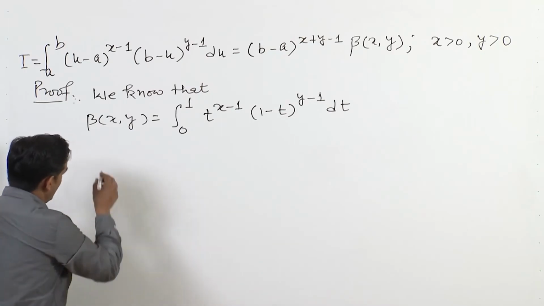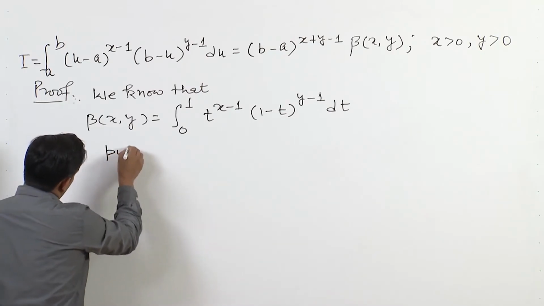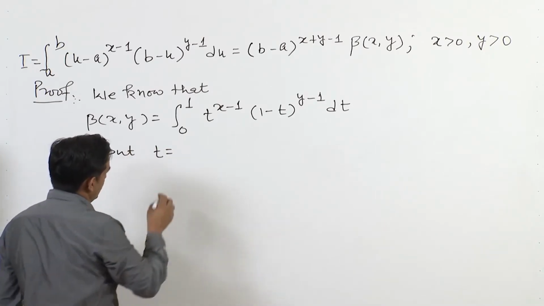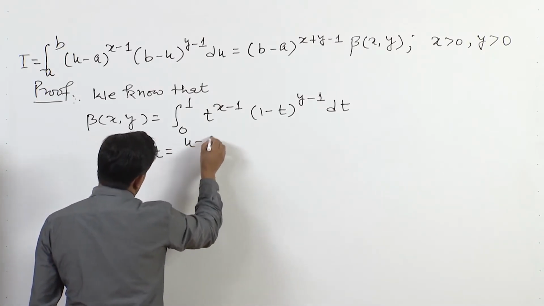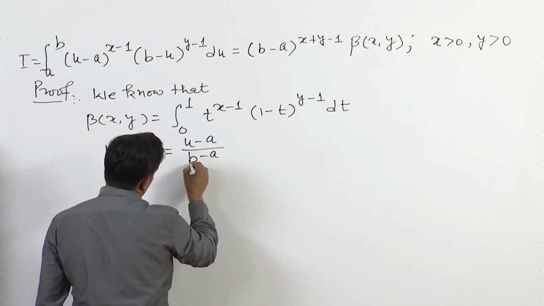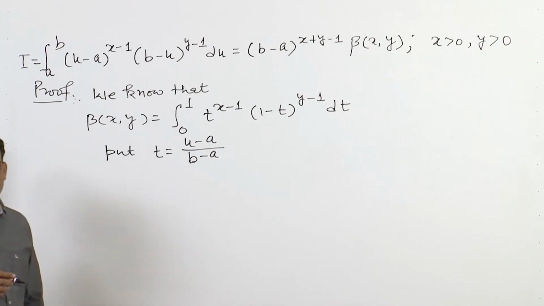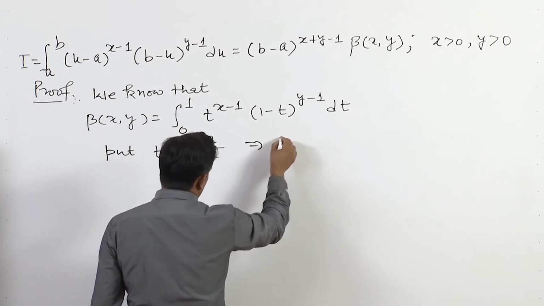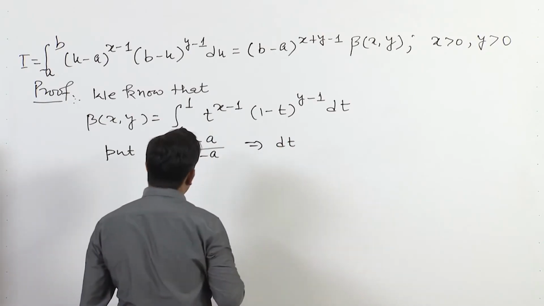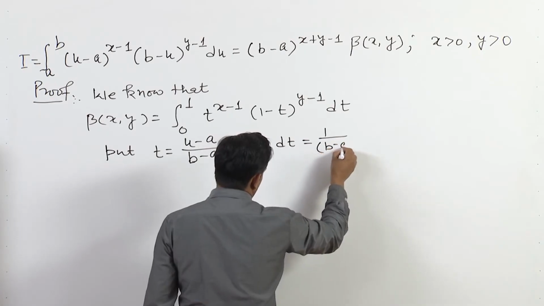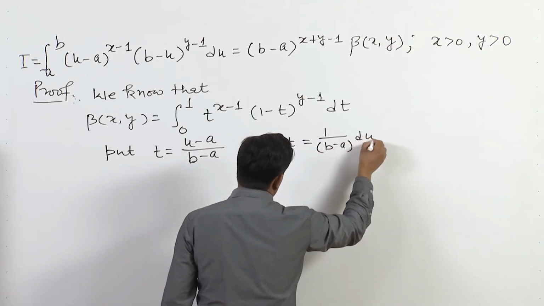Now put t equals (u minus a) upon (b minus a). So this will give us dt equals 1 upon (b minus a) du.